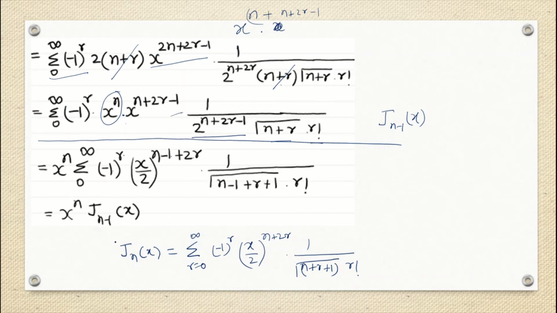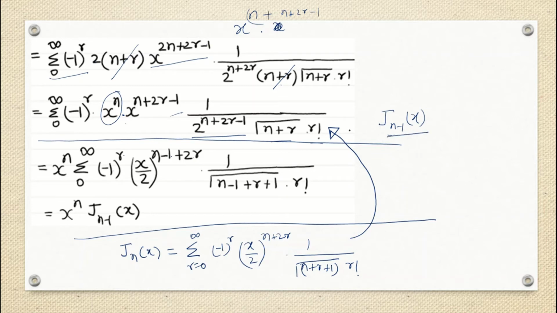To compare with the J n of x term, I've written down here what J n of x is, and we will compare this term with this term, because my goal is to write this right hand side in terms of J n minus 1 of x.